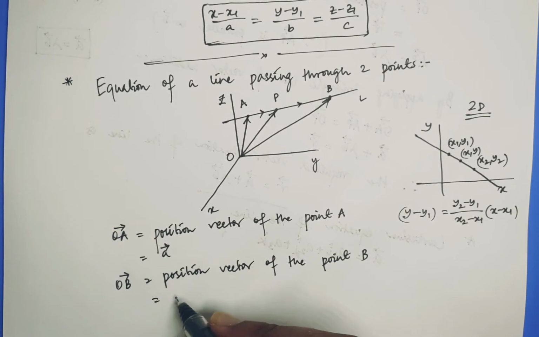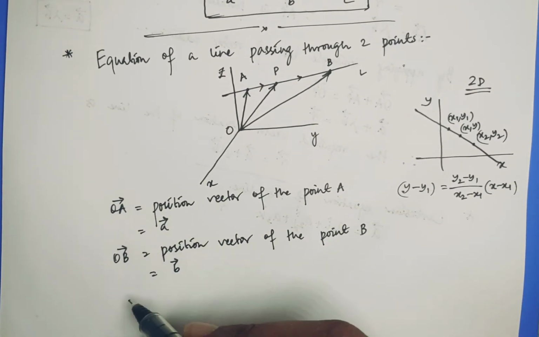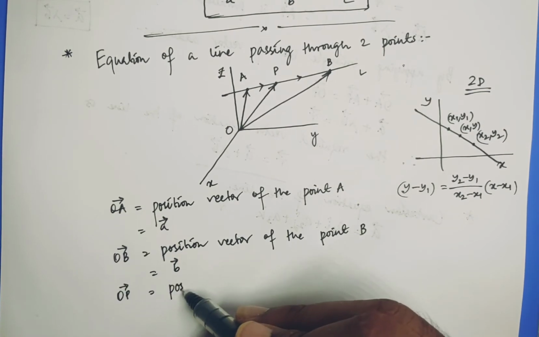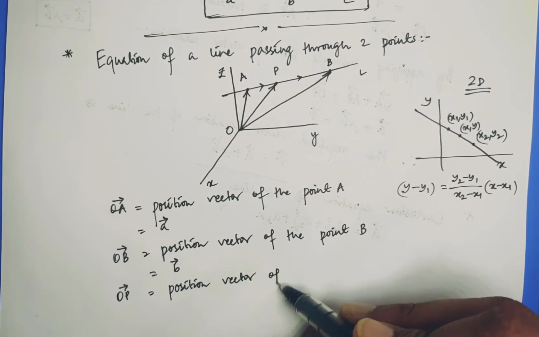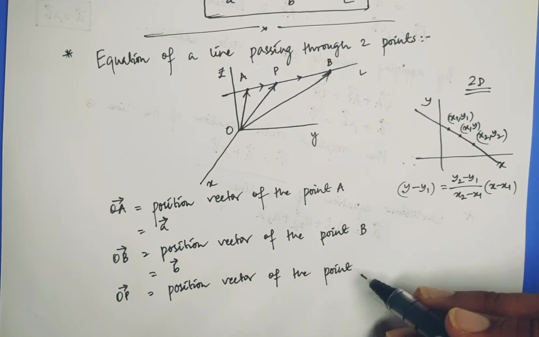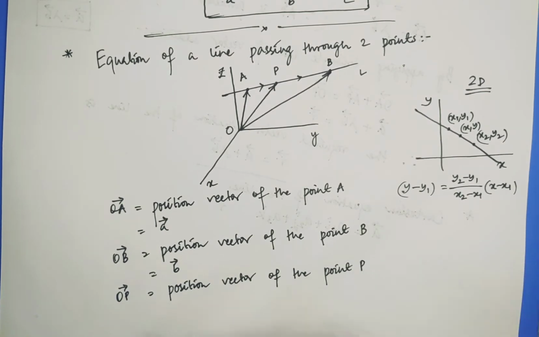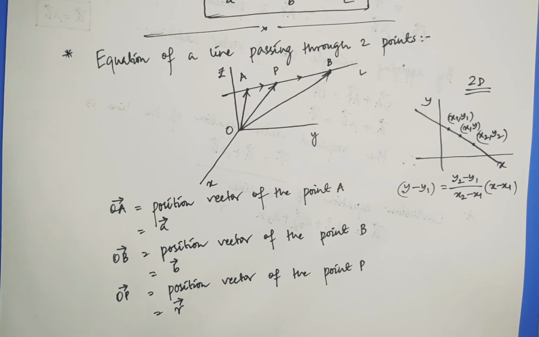So let's give it the name b vector. And the OP vector, we already know what the OP vector is. It is a general point. So the position vector of the point P, and let's give it the name r vector. Right? Understood?